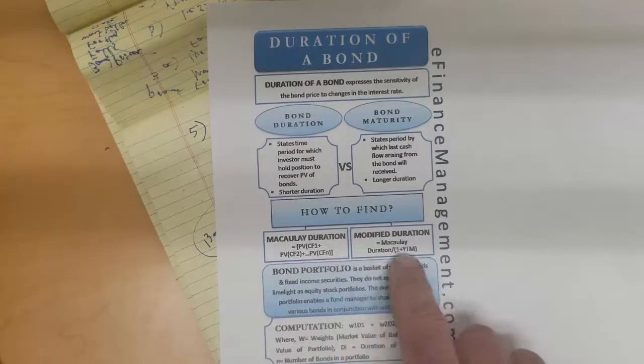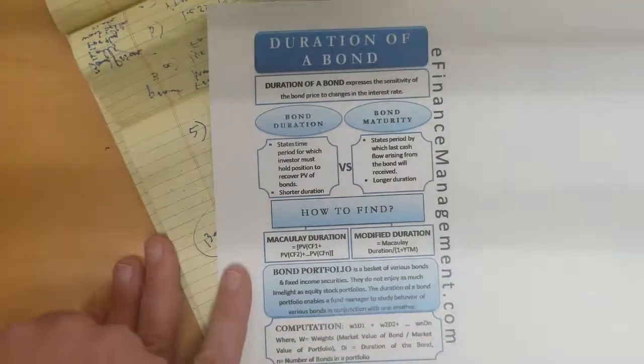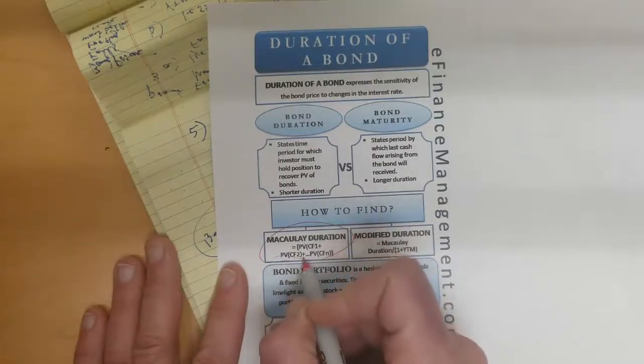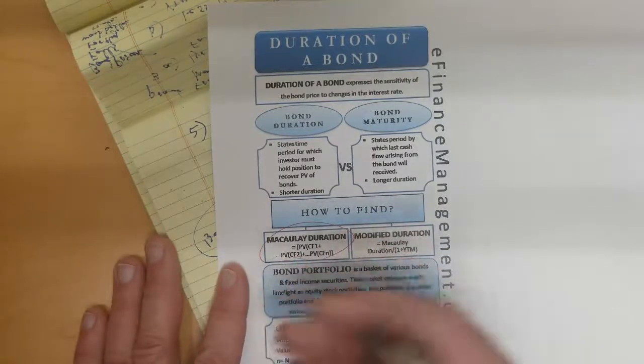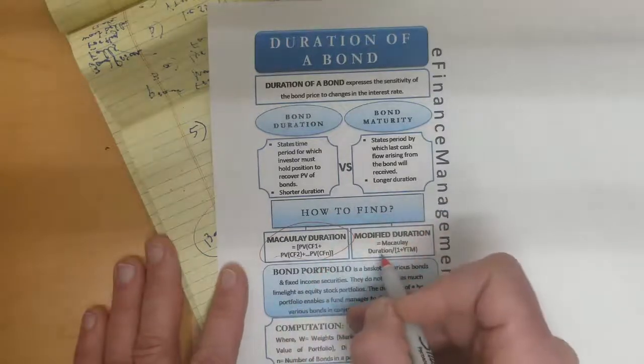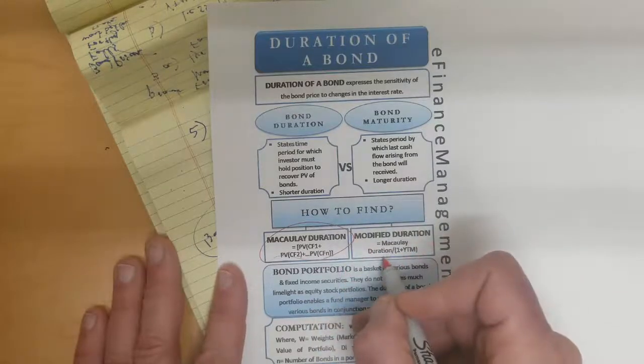We actually touch on this in our PowerPoint. The way it relates is Macaulay duration does give you that weighted average life of the cash flow, so to speak, or how long it takes to recover the present value of the bond.